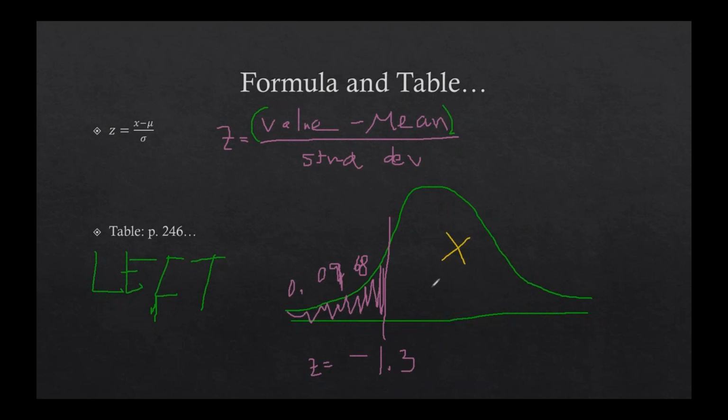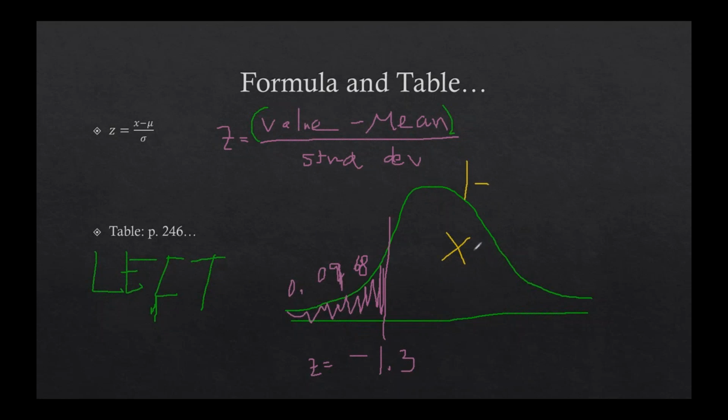Yes. Think about what we did with the empirical rule, right? We subtracted from 100%. Well, now when we're using the probability table, we're dealing with decimals. So what is 100% as a decimal? The whole thing is just 1.